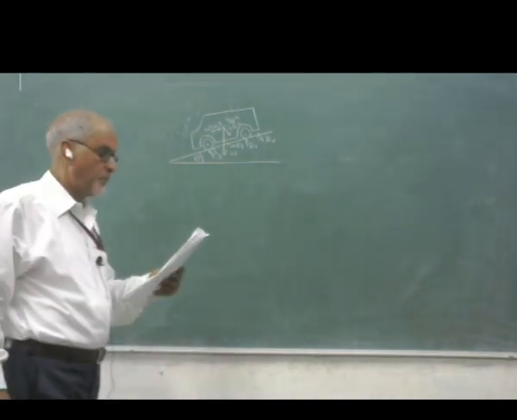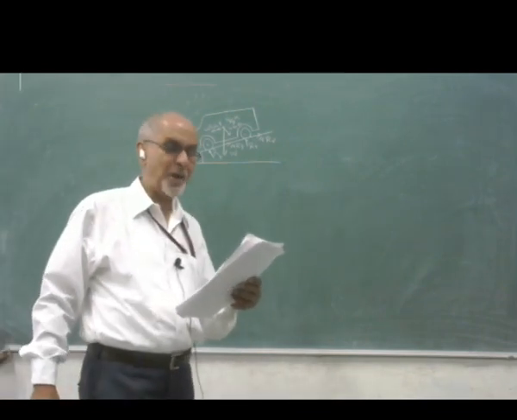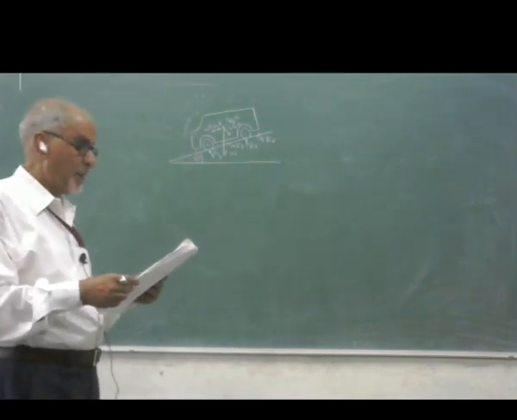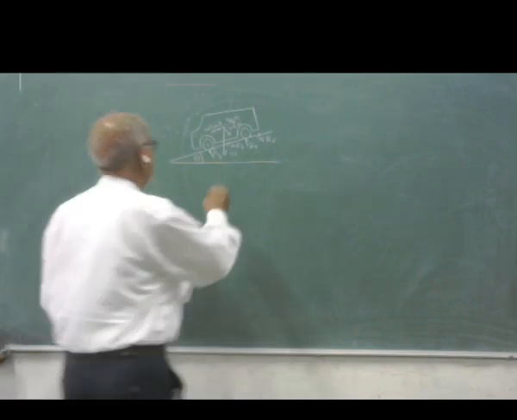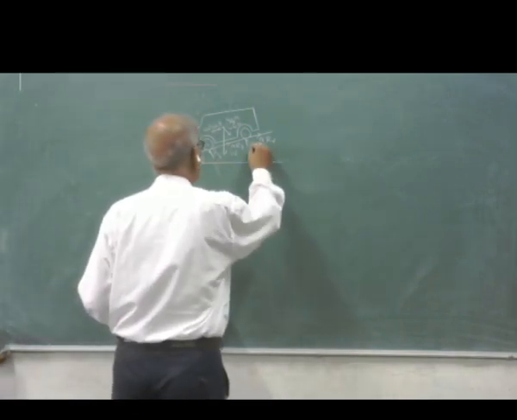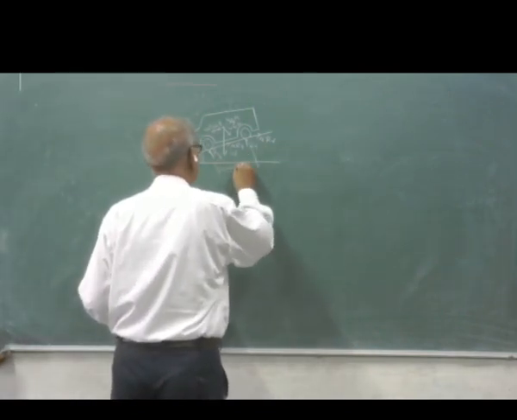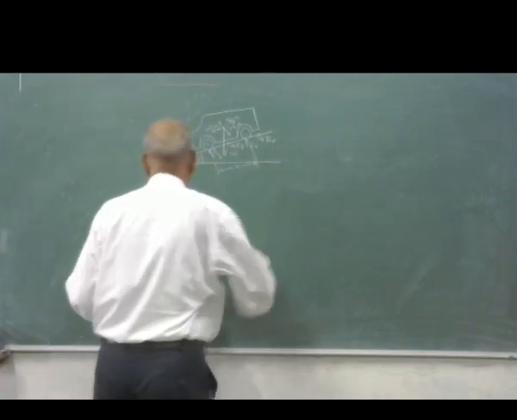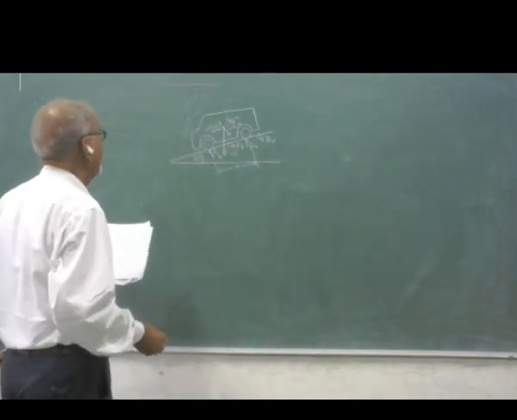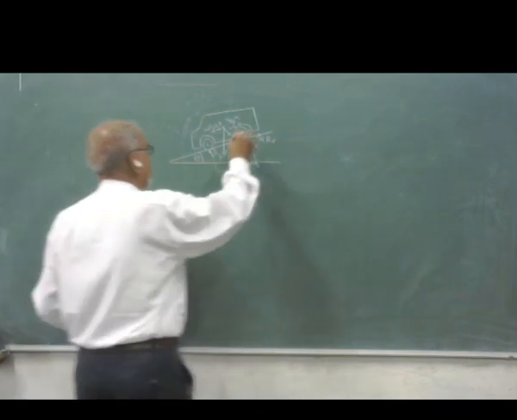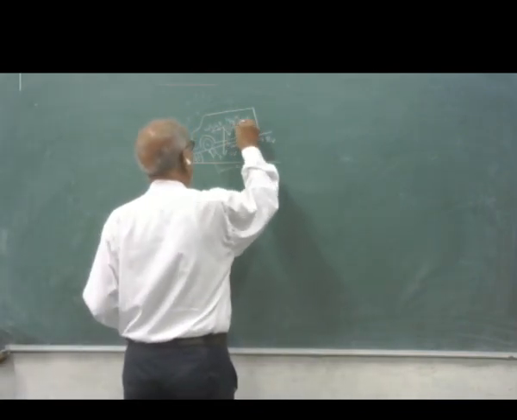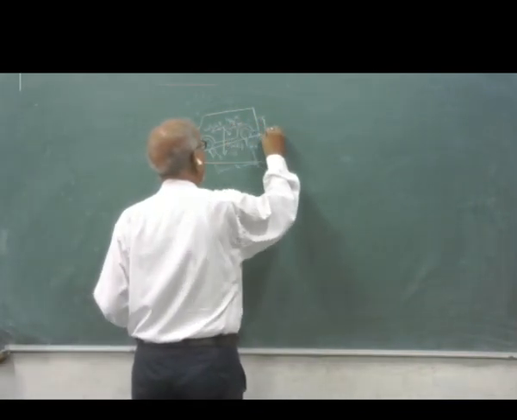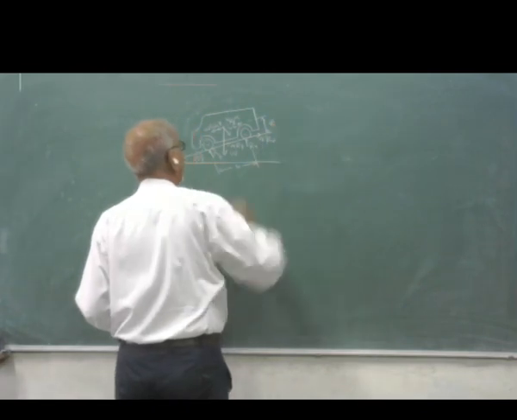An automobile with a 2.5 meter wheel base, mind it, that is the distance between the two wheels. This is called wheel base. And the distance of CG. This is your CG point, and above that is h.